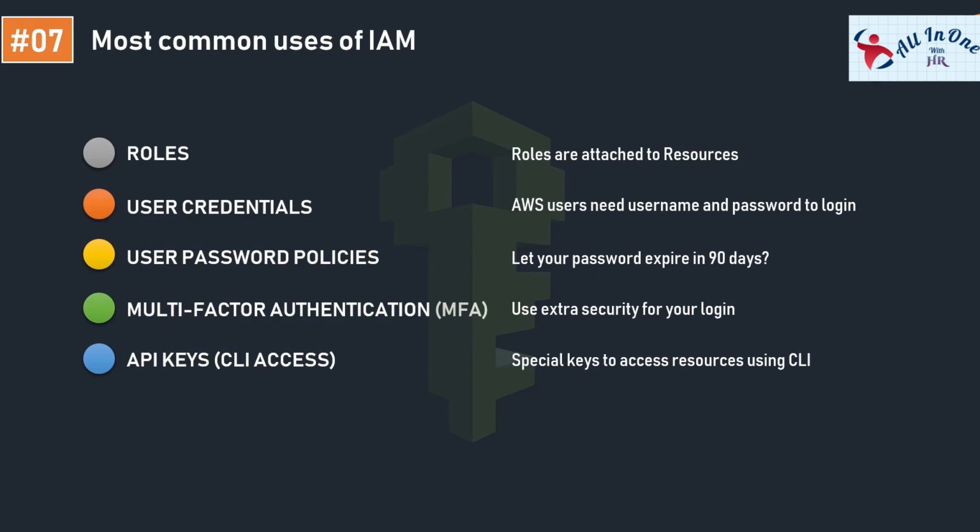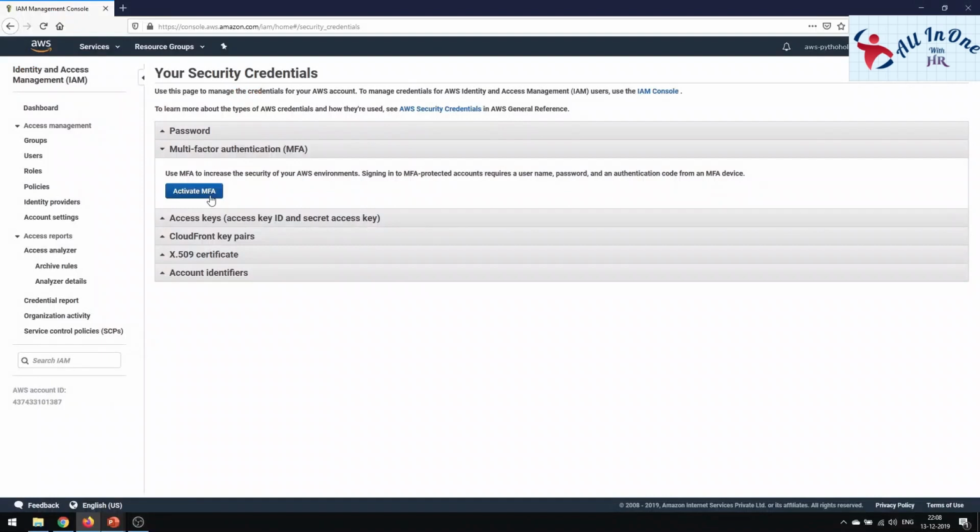As I already told, if you don't want to log in through the UI or perform operations from the UI, and you want to access the resources from CLI, you can use API keys or SSH keys or secret keys to log into that particular resource and use it.